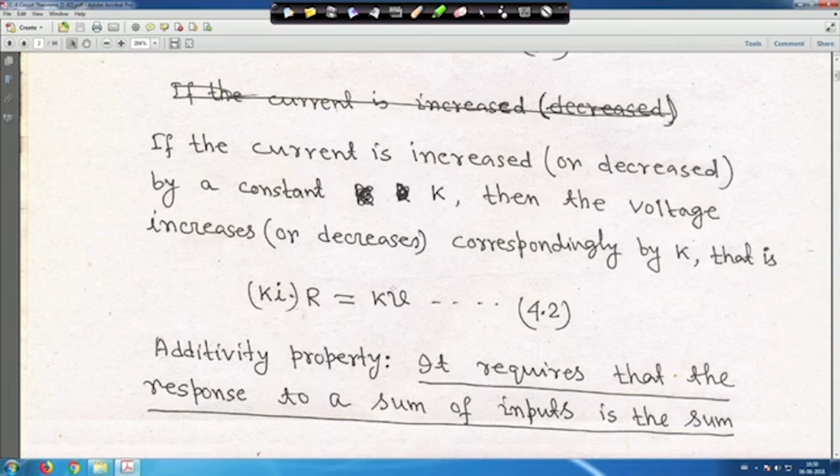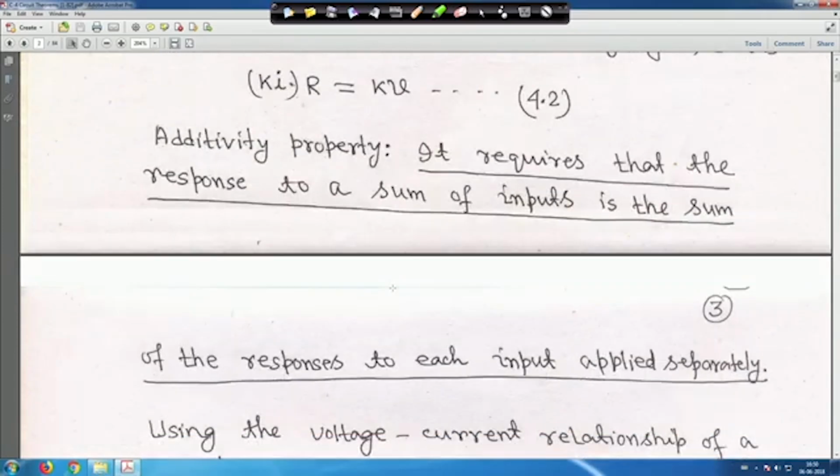And the additivity property requires that the response to a sum of the inputs is the sum of the responses to each input applied separately. Suppose you have more than one input, and you get an output response by adding all these inputs.